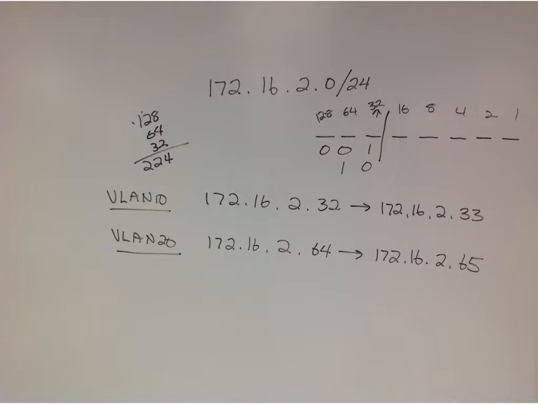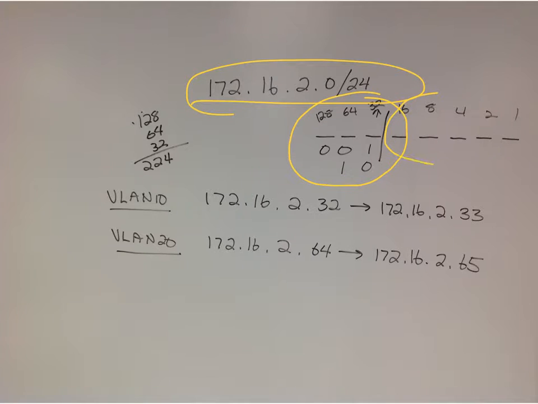Now, we had some addressing, so we decided we want to have at least 8 networks with 30 hosts on each. That's why we decided to borrow 3 bits.